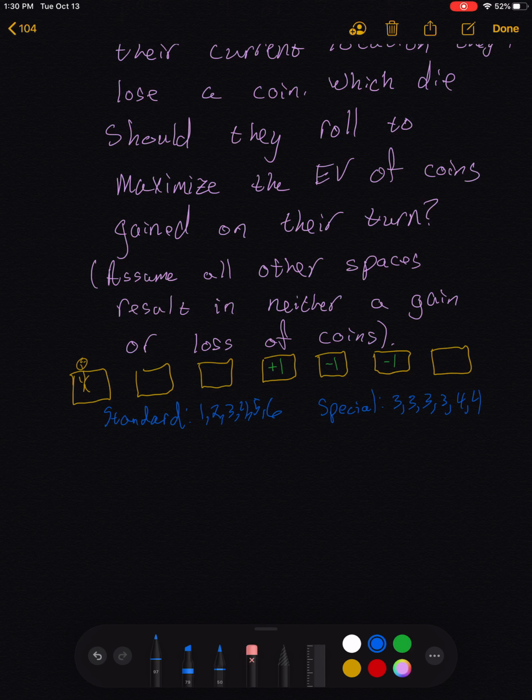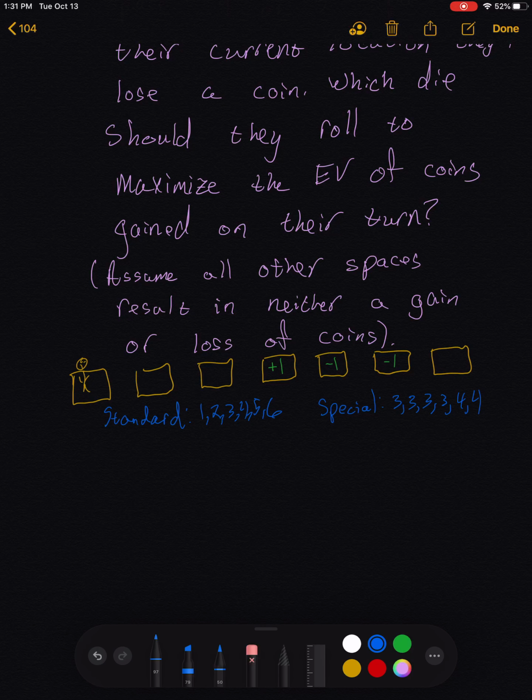And in the earlier example, we were talking about the expected value for spaces moved. That was the number on the die. And now we're talking about the expected value for coins. So these are separate values that we're calculating, even though we're still talking about the same dice that are being rolled. But the expected value that we're analyzing is now different. We're no longer as concerned with just moving as far as possible. We're concerned with getting as many coins as possible.